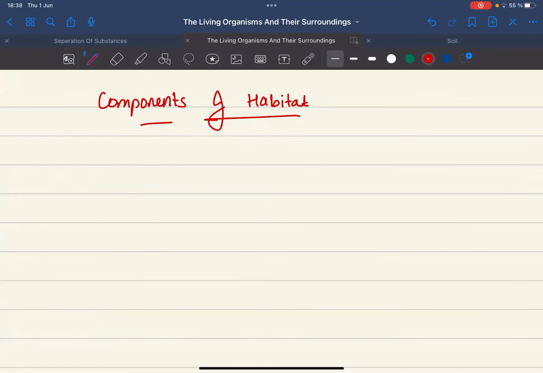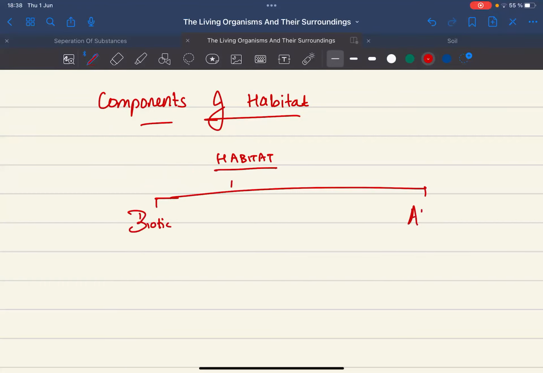So always a habitat can be divided into two components. What are the two components? Ma'am, biotic and non-biotic.